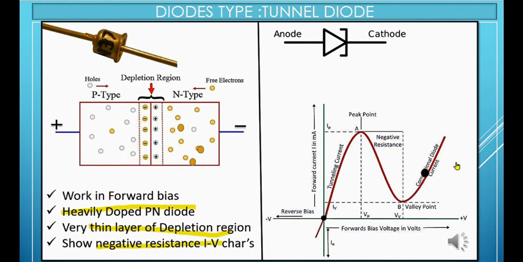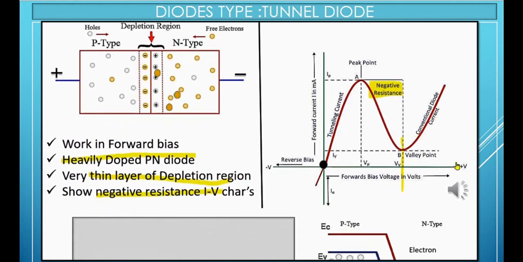This is a graph of the tunnel diode IV characteristic, and this is the cutoff region. Before the cutoff region, the difference between a normal diode and a tunnel diode is that there is a negative resistance region. In the next slides, we will see how this negative region occurs.